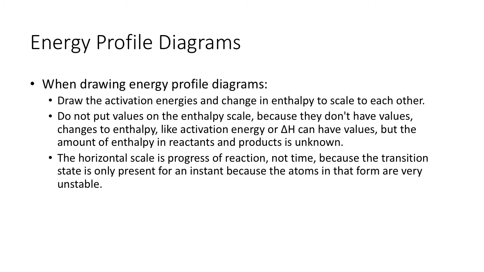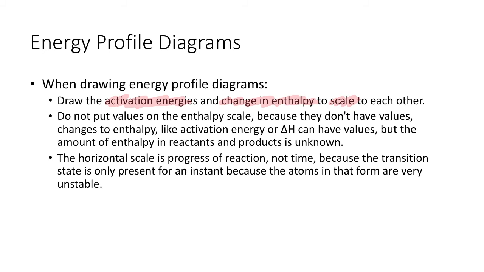When drawing energy profile diagrams, a couple of things to remember. You draw the activation energies and change of enthalpies to scale to one another. So the change in enthalpy, that's your delta H, and your activation energy, you have to have them to scale. So if you've been given values like 100 and 200, then one of them is going to be double the size of the other, or half the size of the other.